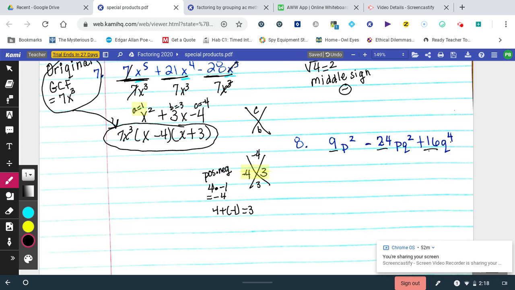And if I wanted to check the middle, 9p squared and 16q to the 4th are perfect squares.